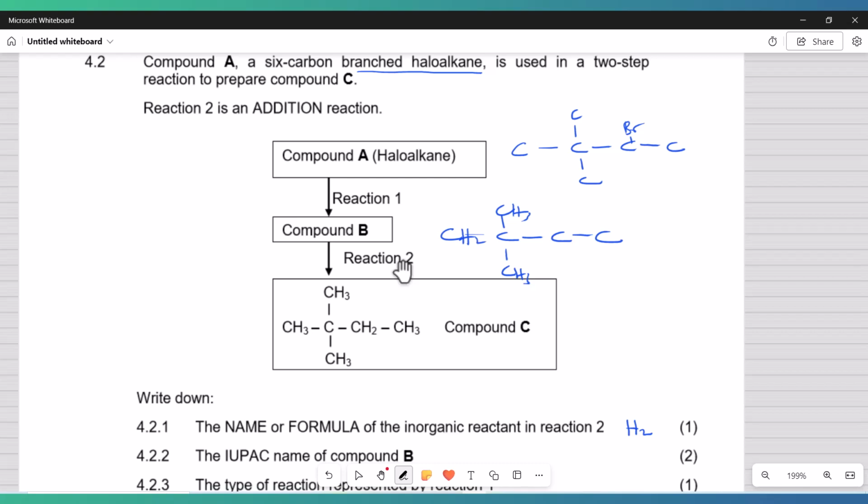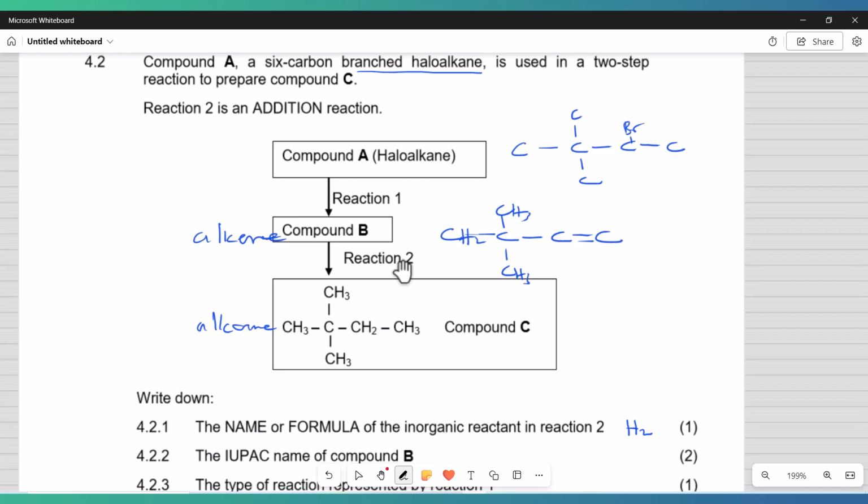Now the double bond cannot be put anywhere around this carbon, because if we do so, it's going to have 5 bonds. Remember, compound B must be an alkene, because I'm getting an alkane here. I can't put the double bond here, because this carbon will be having 5, which is not allowed. So my double bond must be here, and hence I'm going to get my name for compound B.